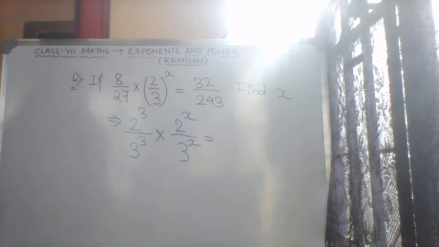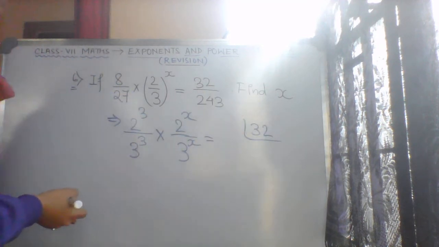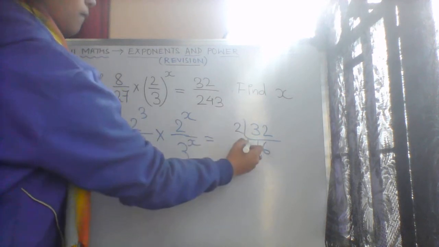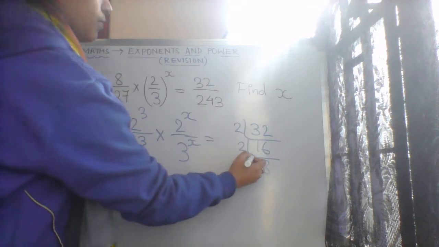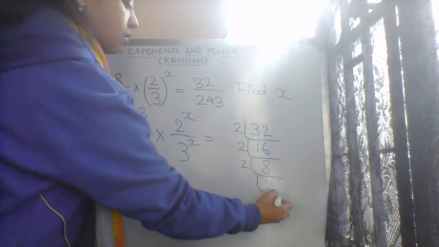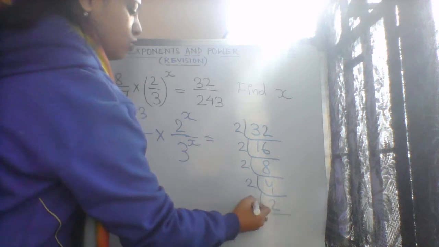Now 32. Again you prime factorize 32. 2 16s are 32, 2 8s are 16, 2 4s are 8, 2 2s are 4, 2 1s are 2.